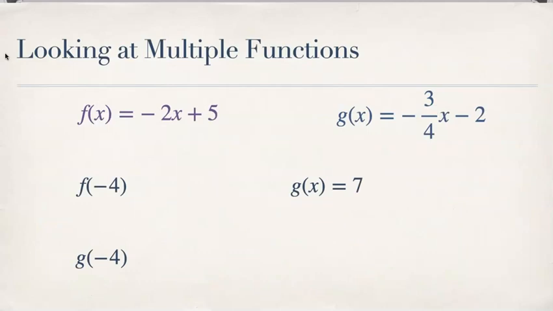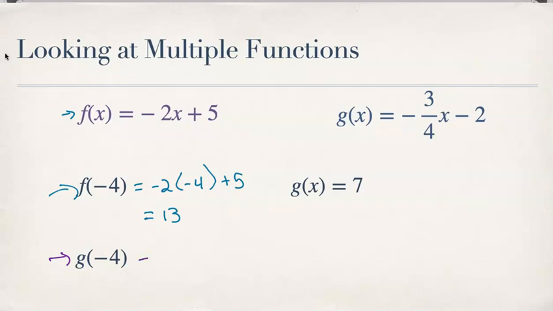So we can evaluate functions. This letter right here, like f, tells you which function to go to. If I'm finding f of -4, this is saying go to the f function, which is right here, and input -4. So you would have -2 times -4 plus 5. When you do that math out, you get 8 plus 5, which is 13. This second one, g of -4, says go to the g function and input -4.